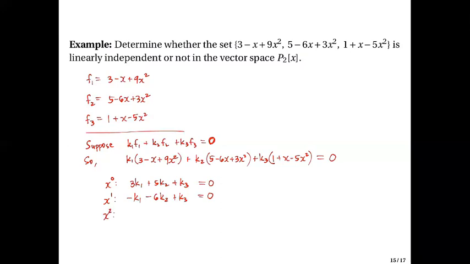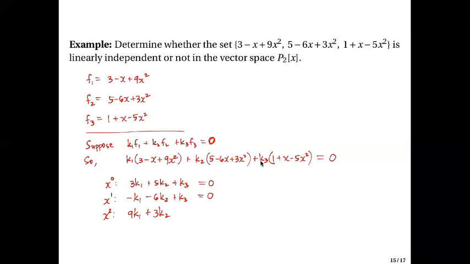And then you have the x squared part. In here, you have k1 times 9x squared, so you have 9k1 here. You just need the coefficients. And here you have k2 times 3x squared, so 3 times k2, so plus 3k2.